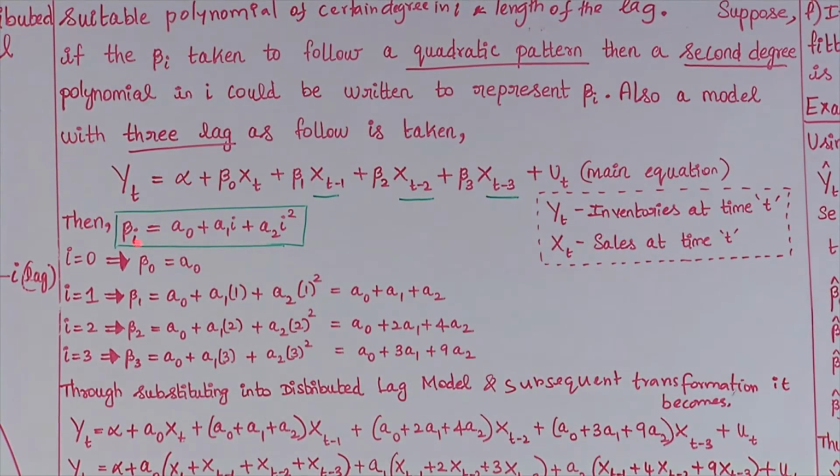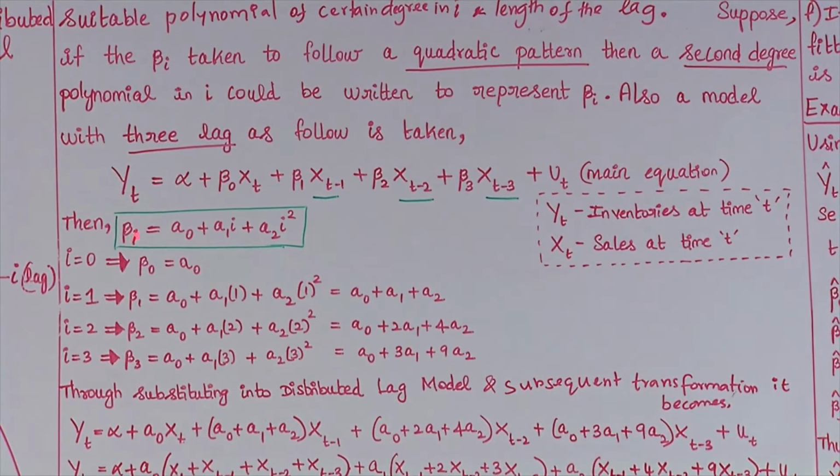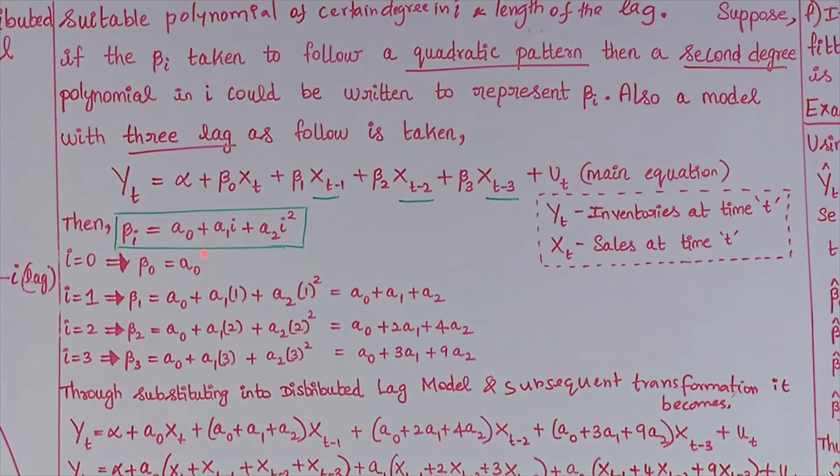You are supposed to find 4 coefficients, in this case beta 0, beta 1, beta 2 and beta 3. They are expressed in terms of a0, a1 and a2.